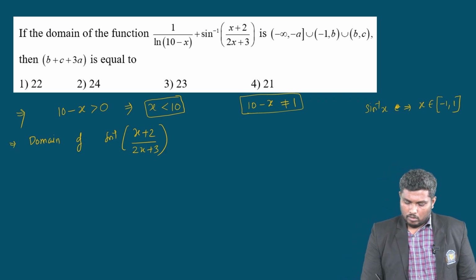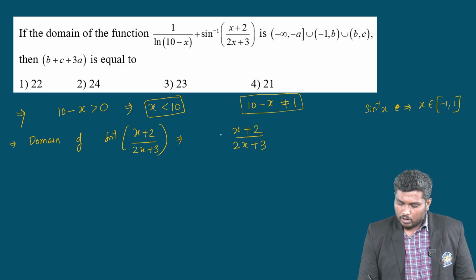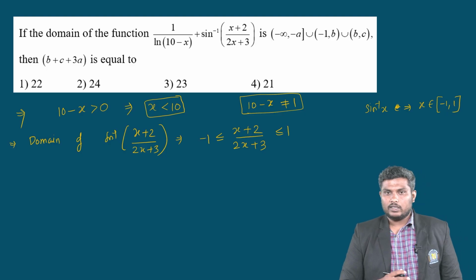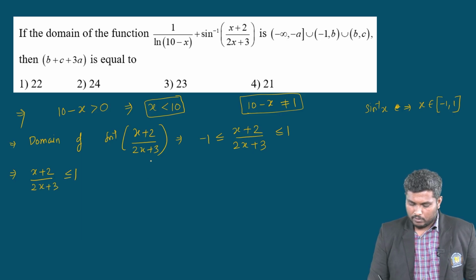So here the input of this function, (x plus 2) by (2x plus 3), should always be between minus 1 and plus 1. Now I'm going to solve both inequalities separately. So (x plus 2) by (2x plus 3) less than or equal to 1, and at the same time I am going to solve (x plus 2) by (2x plus 3) greater than or equal to minus 1.